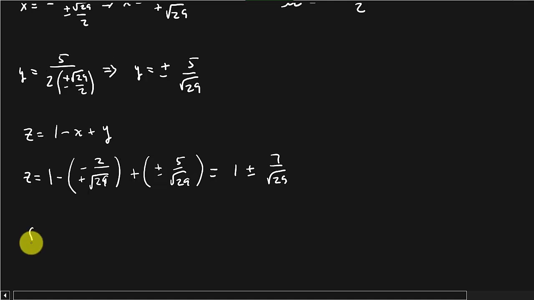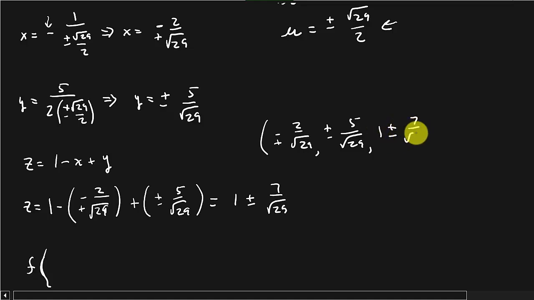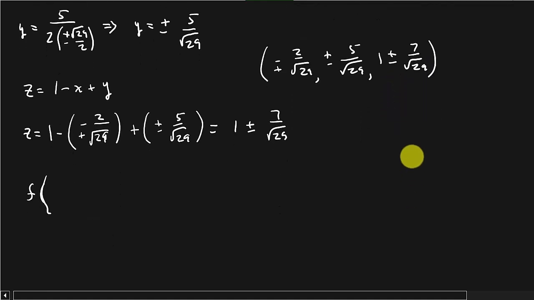Okay. And so now what we want to do is evaluate our function at the point. So our point is what? Negative positive 2 over square root of 29, plus or minus 5 over square root of 29, and then 1 plus or minus 7 over square root of 29.